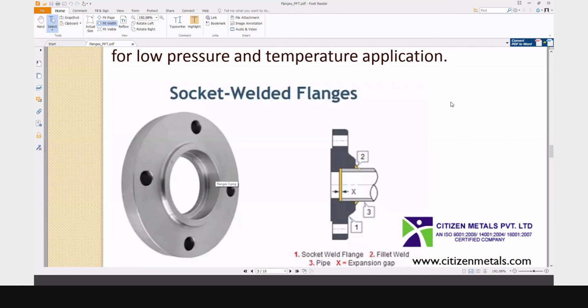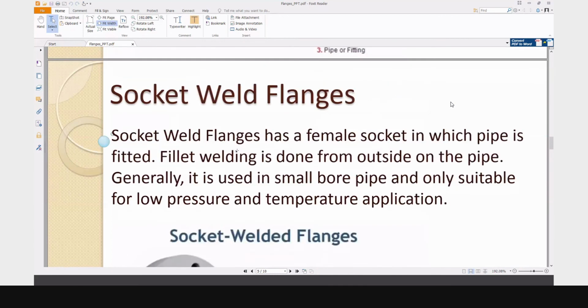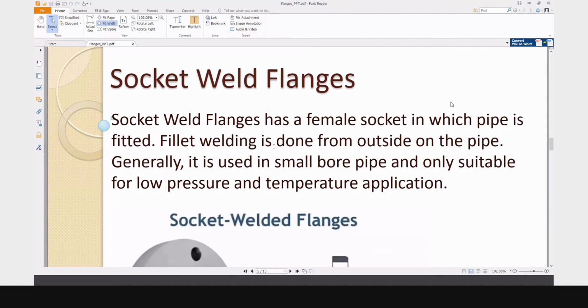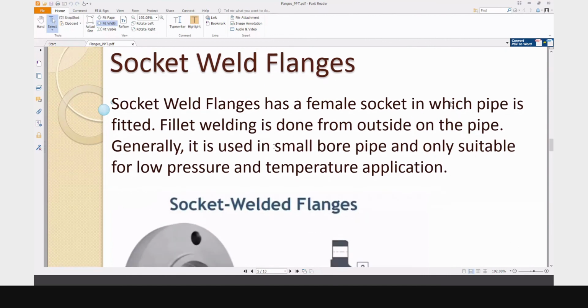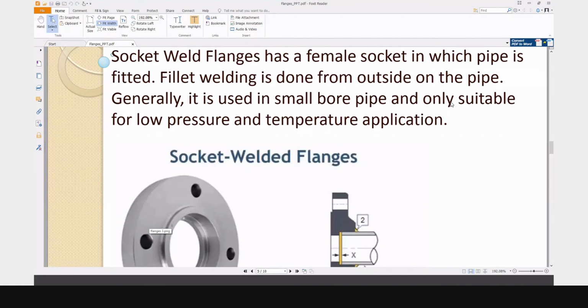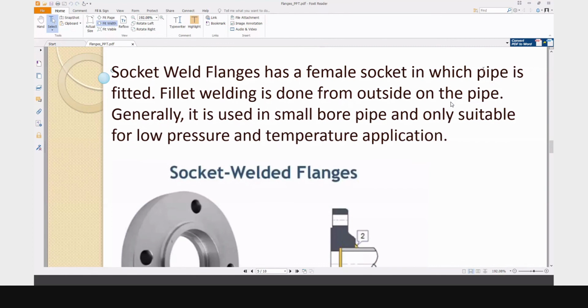You see here it is welded. So this type of flange is known as the socket welded flange or socket flange. A socket weld flange has a female socket in which the pipe is fitted.